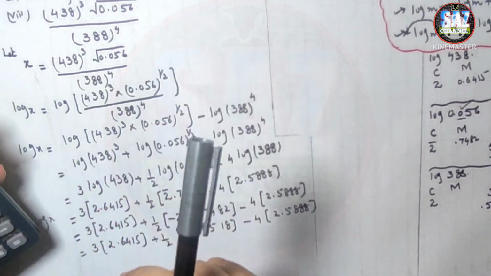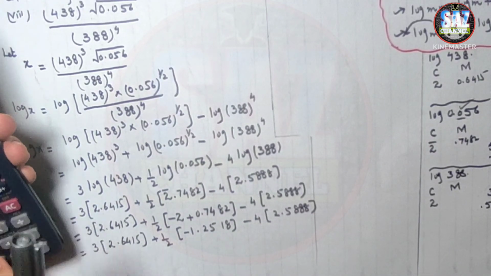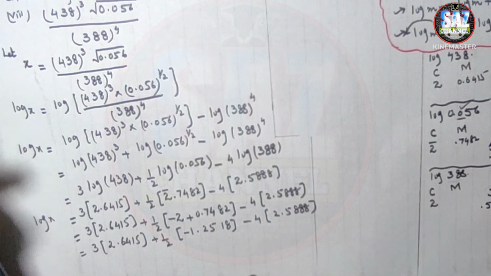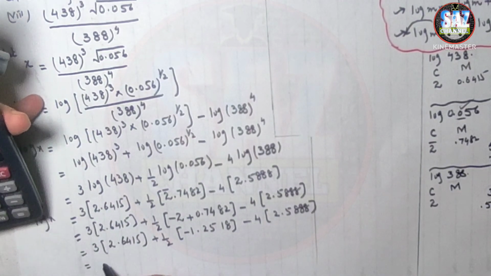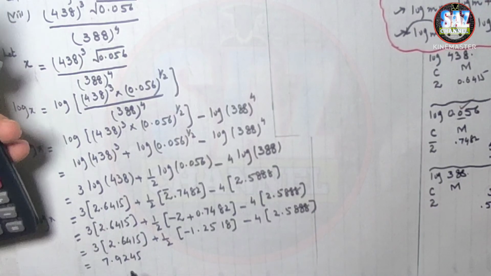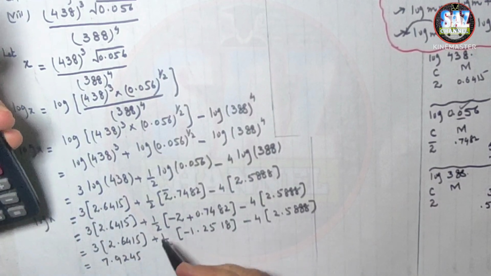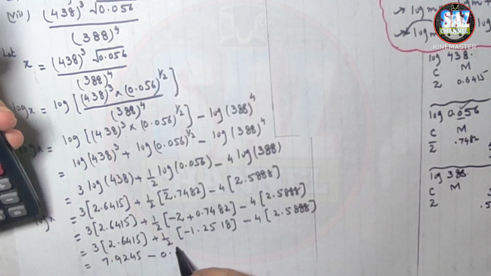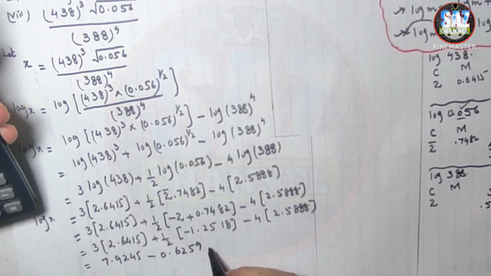Then 3 has to be multiplied: 2.6415 multiplied by 3 gives me 7.9245, and then 1.2518 divided by 2 gives me minus 0.6259. I have to copy the figures carefully.